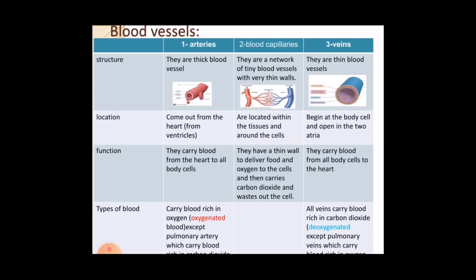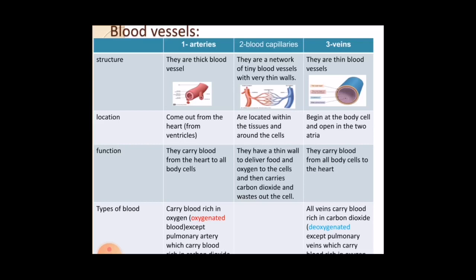Veins carry blood from all the body cells to the heart. Arteries carry oxygenated blood, except the pulmonary artery. Veins carry deoxygenated blood rich in carbon dioxide, except pulmonary veins.